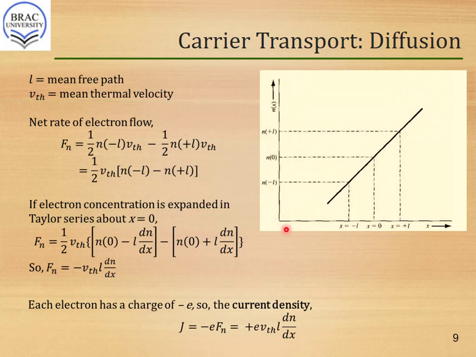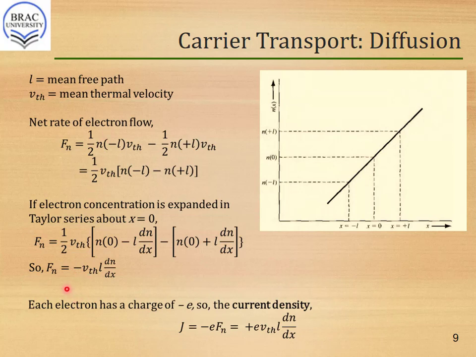We can readily derive the value of current density from the net rate of electron flow. We know that current is basically the flow of charge, or rate of flow of charge, Q by T. Fn is the rate of flow of charge carriers. Electron is the charge carrier here.